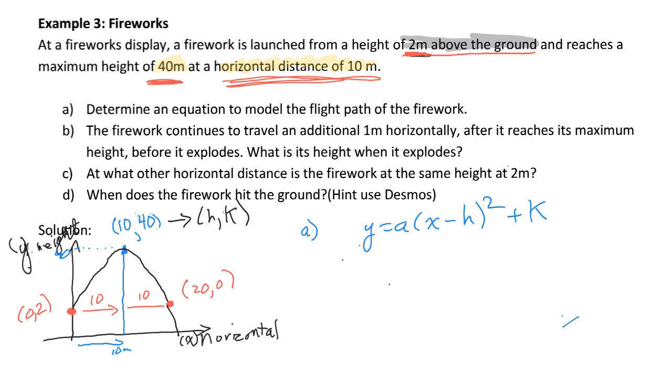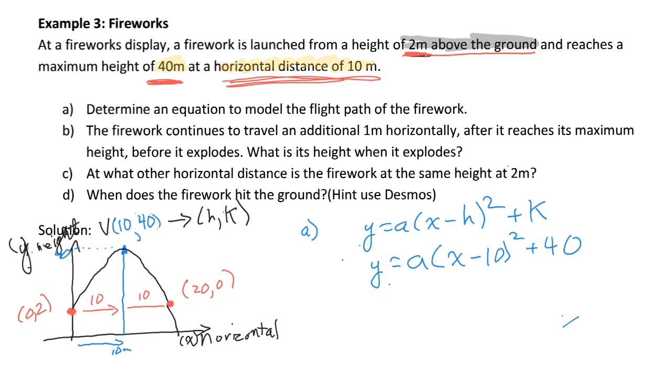Remember, our vertex is always (h, k). So we can rewrite this equation as y equals a times (x minus 10) squared plus 40. Now that I've got that basic equation, I have to take one of the points that we know and use it in here.